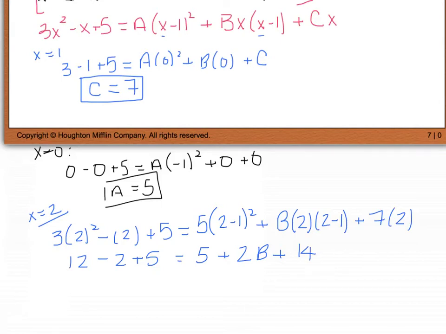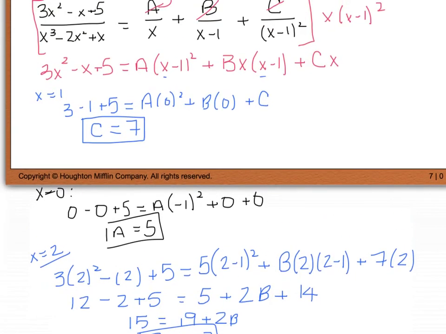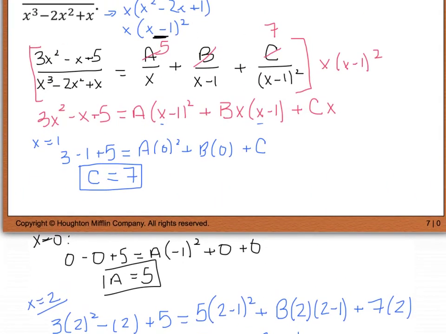So if I simplify this, I have 15 equals 19 plus 2b. And if I move my 19 over and divide by 2, then I end up with b equals a negative 2. So now I can go back up and put in a negative 2 for my b.